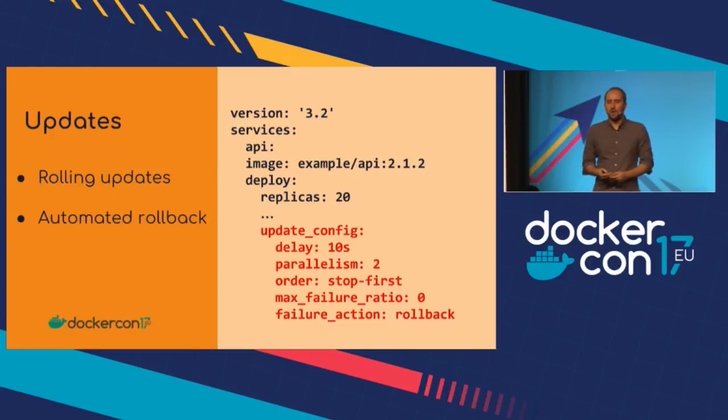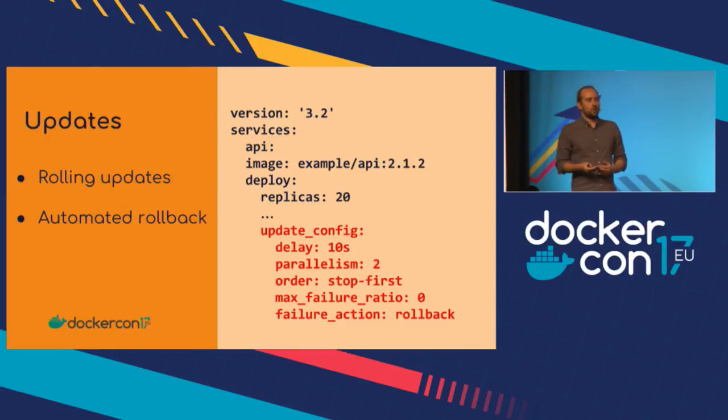But how do we control all the complex update logic? An application is not going to be run only once, right? You're going to have to do updates to that. So using Compose, we can encode all that logic into the Compose file itself. Here's an example. It's part of the deploy configuration for Compose, the update config for the app. So the same Compose file that defines how your application should run also defines how the application should be updated.